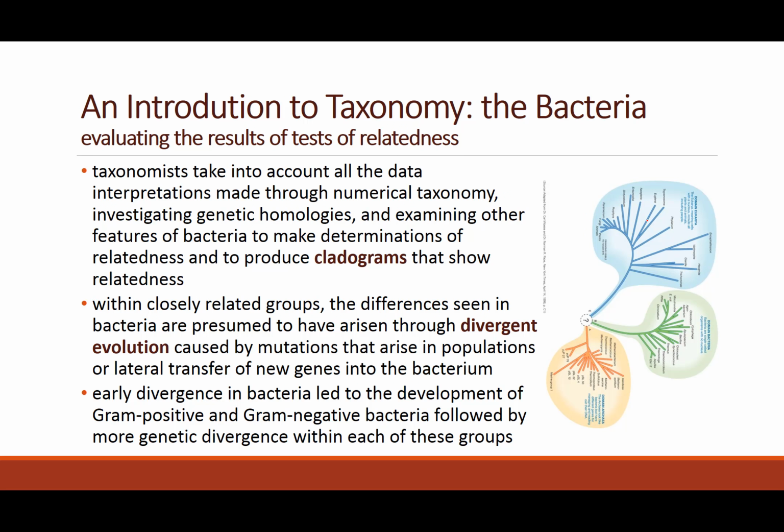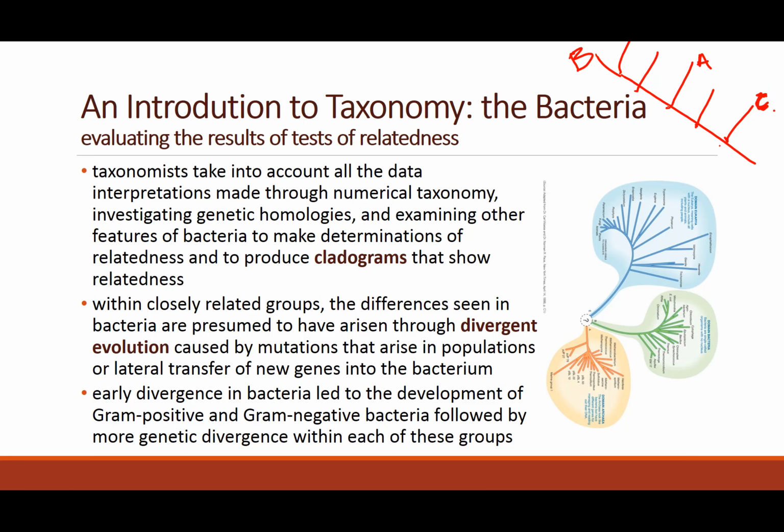And they use all of this data to produce cladograms that attempt to show the relatedness, so that we can then see that bacteria A is more closely related to bacteria C than bacteria B is related to bacteria C. That's what our cladogram here would tell us, is that the closer we are here, the fewer of these branch points that you have to count your way to, tells you how much more closely related they are to each other.